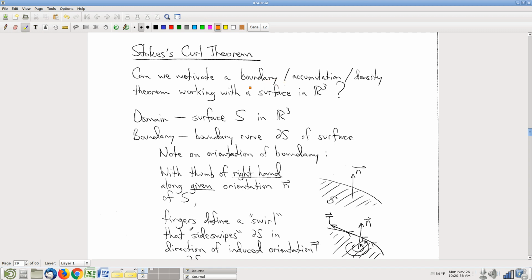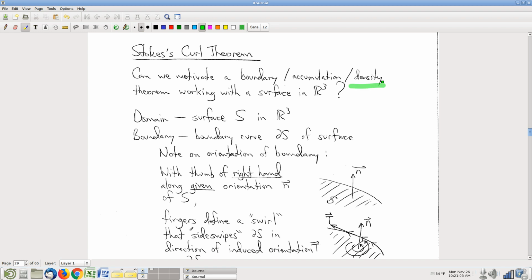Then I can sometimes call them accumulation theorems, because in all the theorems that I'm talking about here, what we are computing on the boundary, we view as actually accumulating over the interior. Even though we compute it on the boundary, we see subsequently that it really is accumulating over the interior. And then finally, we write that as an integral and thus result in a sort of a density theorem.